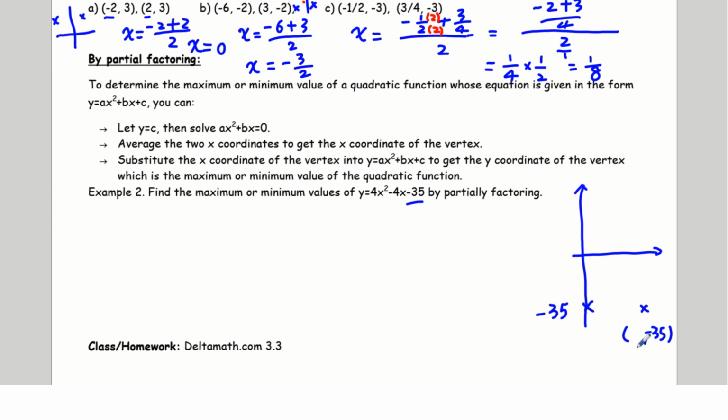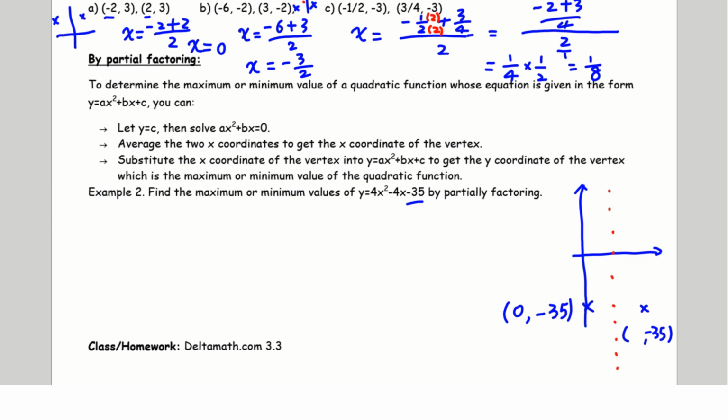Once we have the x value, then we know the vertex is at the middle of these two. So this one is 0, negative 35. And another one will be double of the vertex x coordinate, negative 35. So we want to find this point.